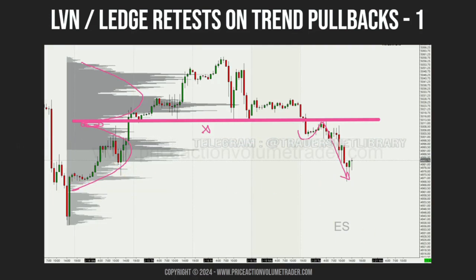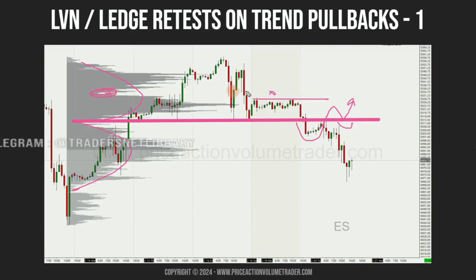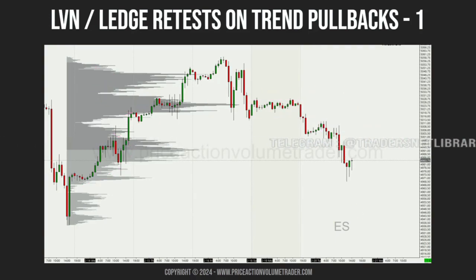Now we're going to see in the next chapter about false breaks and reclaims. So if we would have done this and then we do something like this and we hold this again as support, this would have been a false breakdown, and then we could target then this equal highs right here, these cuts in volumes right over here, etc. Okay, but for now we're just looking at trend following movements.